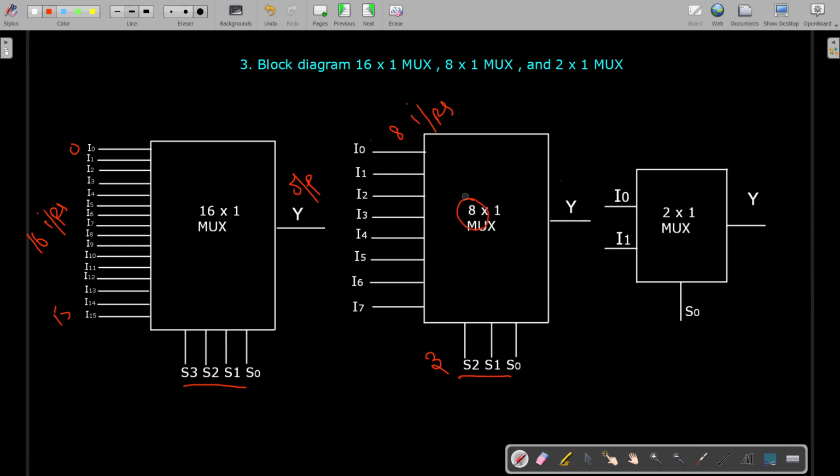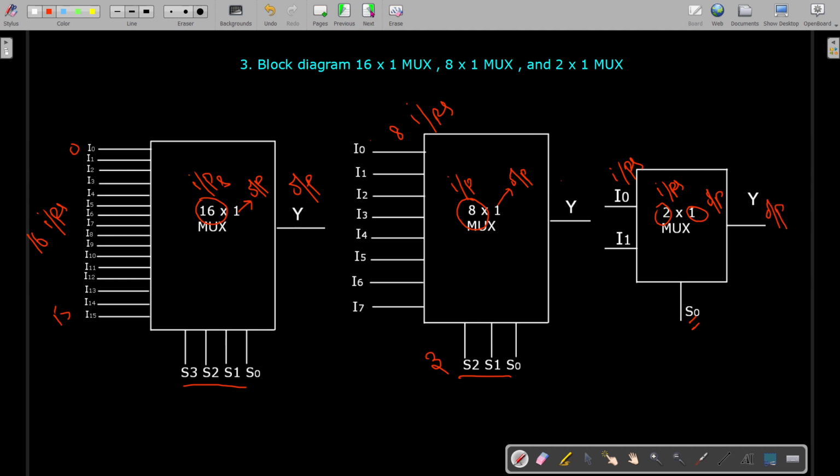Here this represents your input, number of inputs, and this represents your output. And here we have this two inputs and one output. Okay, so here this I0 and I1, these are all the inputs, and this selection line, and then here you have this output.